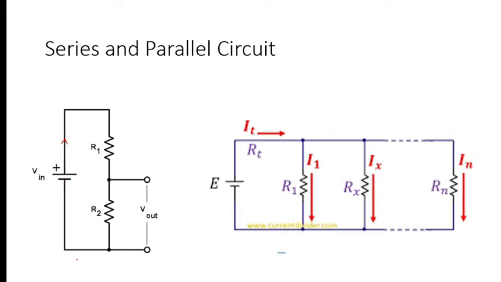And how will it calculate the overall amount of resistance in the path? If the positive and negative sides of the battery are connected with these two resistances, current will calculate the amount of resistance present in the path.